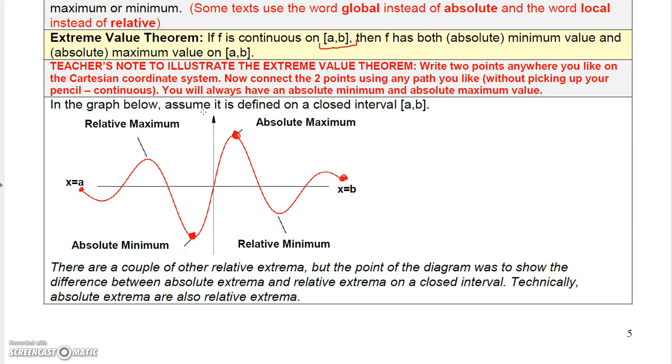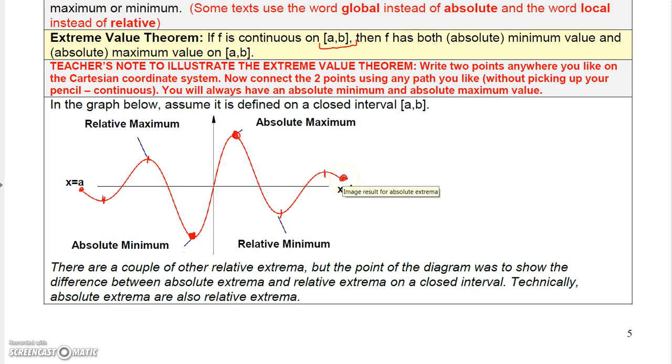So let me show you why. If we got the critical numbers for this function here, we'd get a critical number at that valley, one at that peak, one at this valley, one at this peak, one at this valley, and one at this peak.